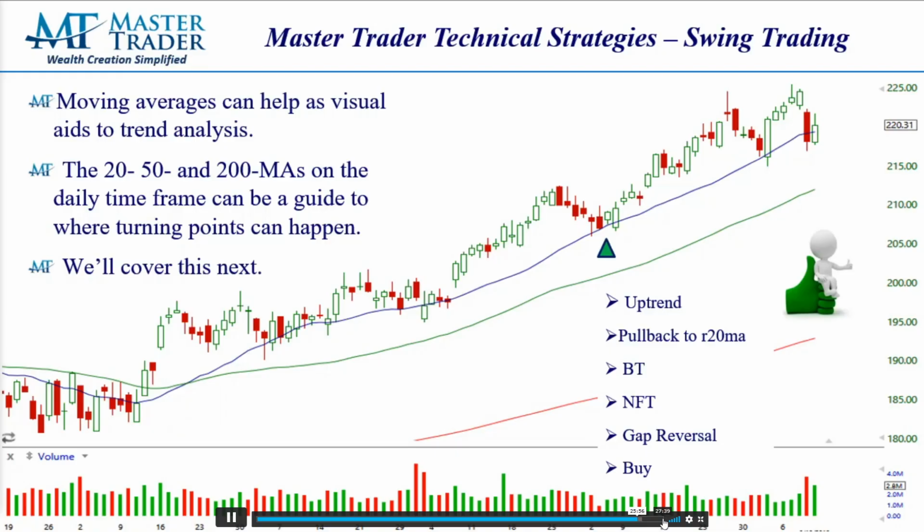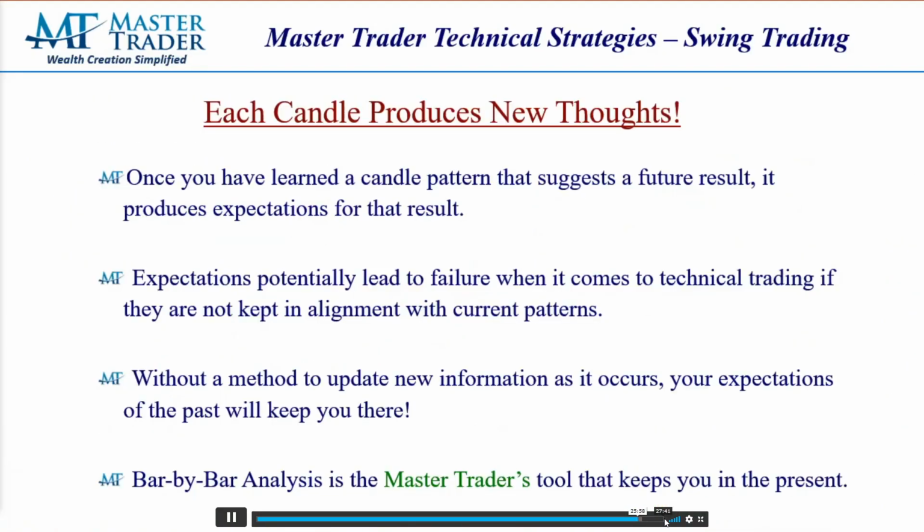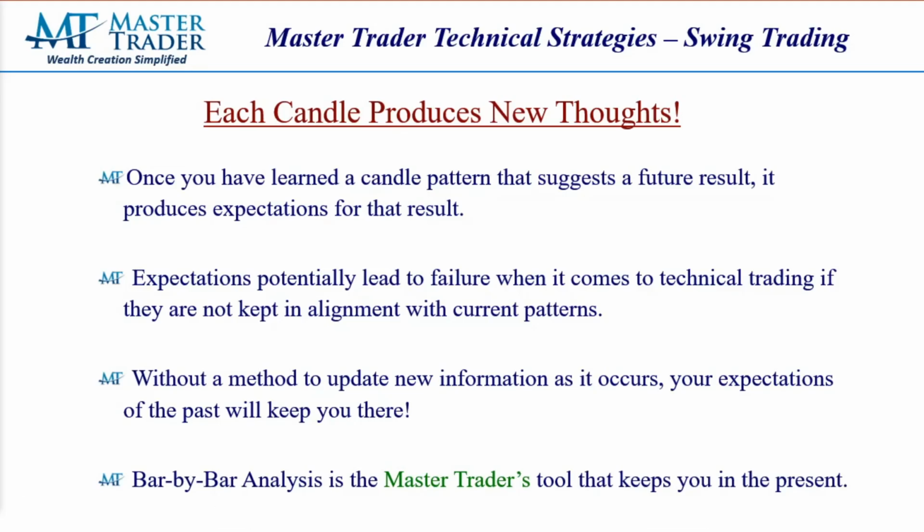Let's continue. So every candle is going to produce new thoughts. This is what bar by bar analysis is about. But you put that candle's message in the context of what preceded it and the trend. So expectations can lead to failure when it comes to technical trading if they're not kept in alignment with the current trends.